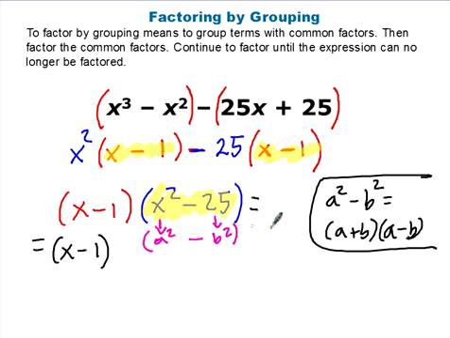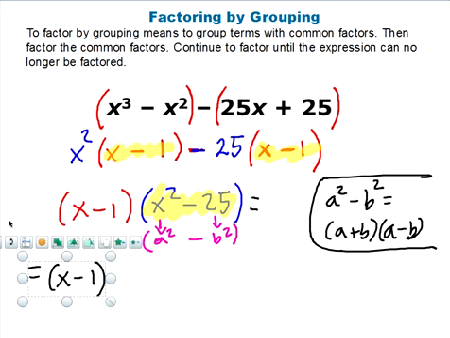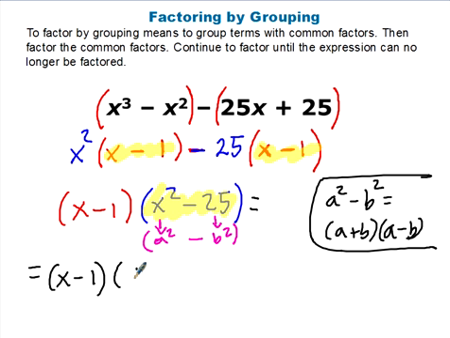So we recognize that x squared minus 25 is a squared minus b squared, and from that recognition we can use the formula for difference of squares, and we can rewrite what's in parentheses, x squared minus 25, as x plus 5 times x minus 5. And only now is our polynomial completely factored.